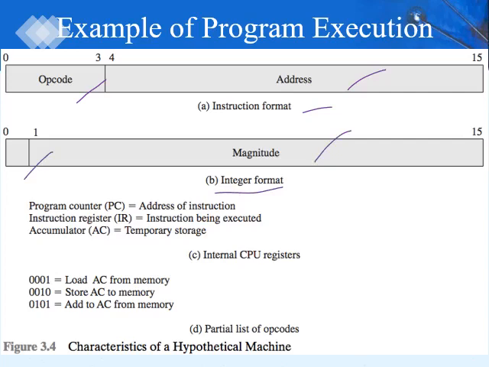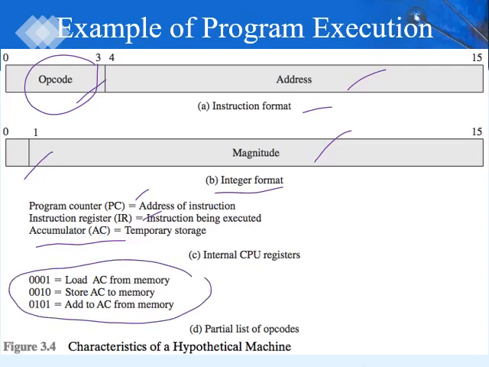We have 2 familiar ones, PC and IR, but we don't have AX, BX, and so on. What we have is an accumulator. We call it AC. For these 4-bit opcodes, we have a list. If the opcode is 001, it means the instruction is load accumulator from memory. We have 3 opcodes listed here.